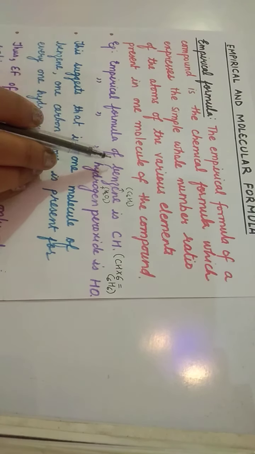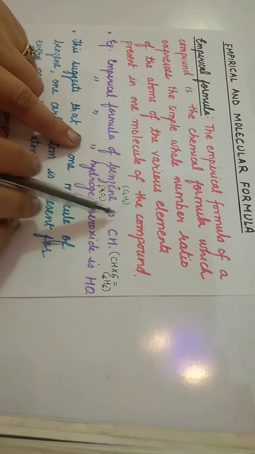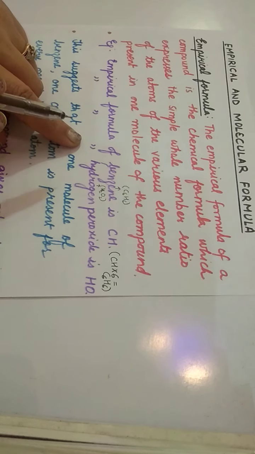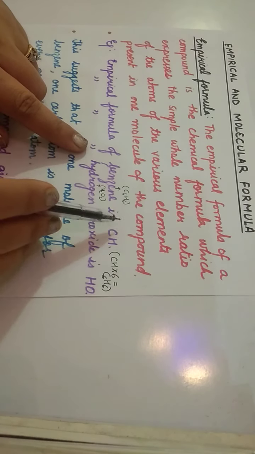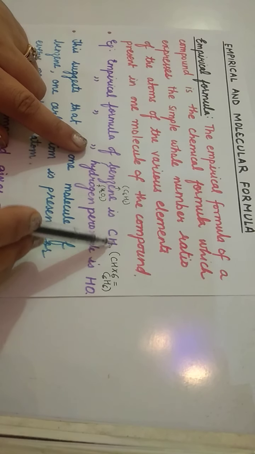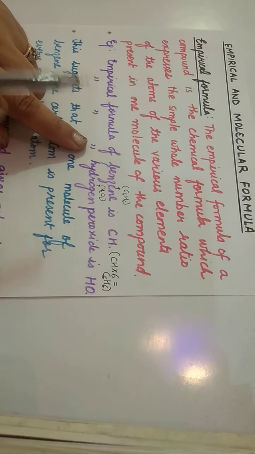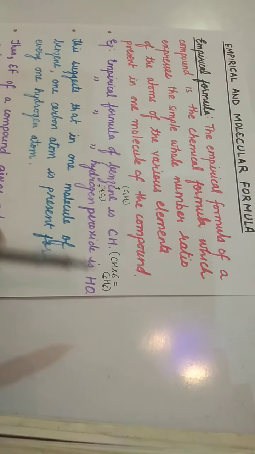So this empirical formula is the chemical formula of the compound which expresses the simple whole number ratio of various atoms of the various elements present in one molecule of the compound.